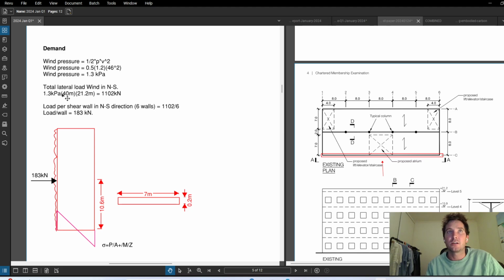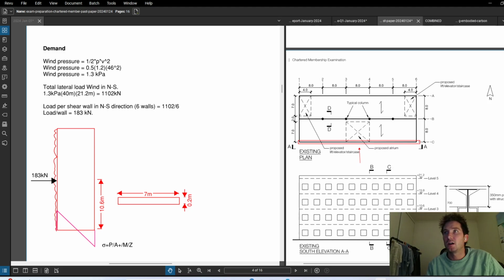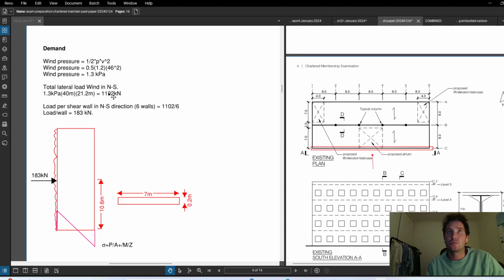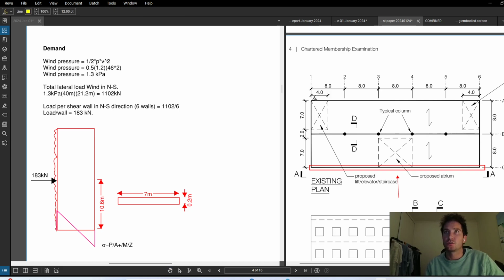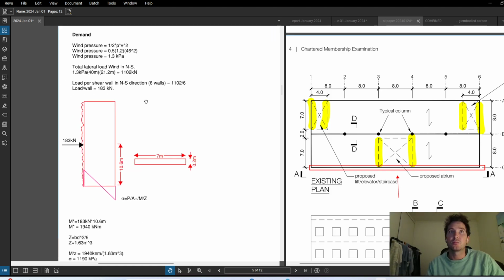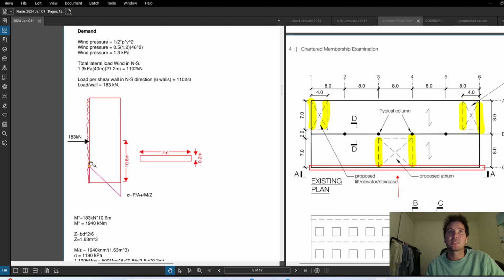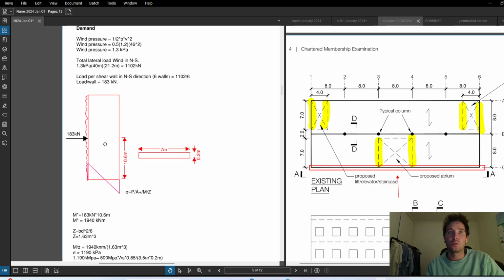I got that pressure, 40 meters by 21.2 meters high is that force. And then I divide it for the 6 walls, because in that direction I've got 1, 2, 3, 4, 5, 6 walls. So I end up with 183 kilonewtons per wall. That acts at midpoint of the wall.